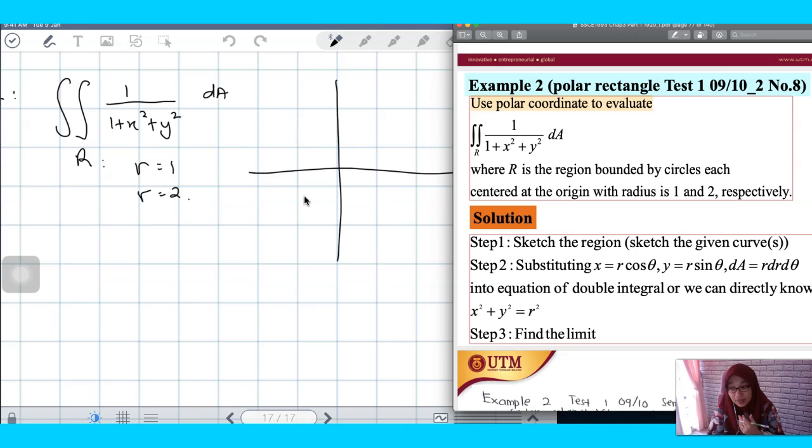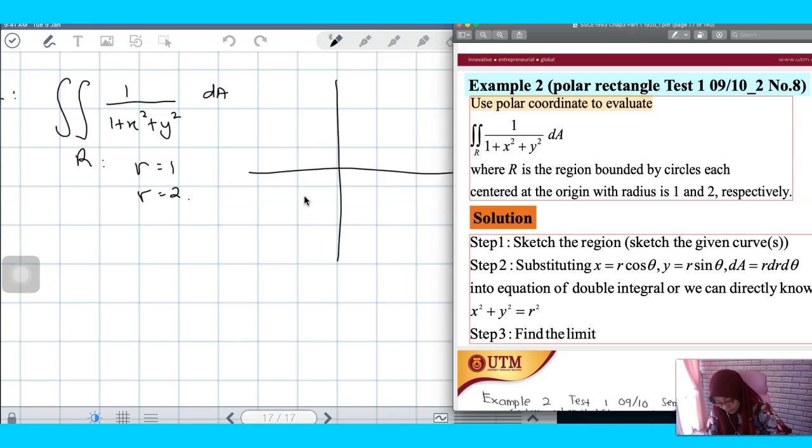Let's say your sketching is correct, but then there is a careless mistake when you determine the limit. So at least the lecturer can refer to your sketching and know that you were thinking something correctly, but you just did a careless mistake on the paper.